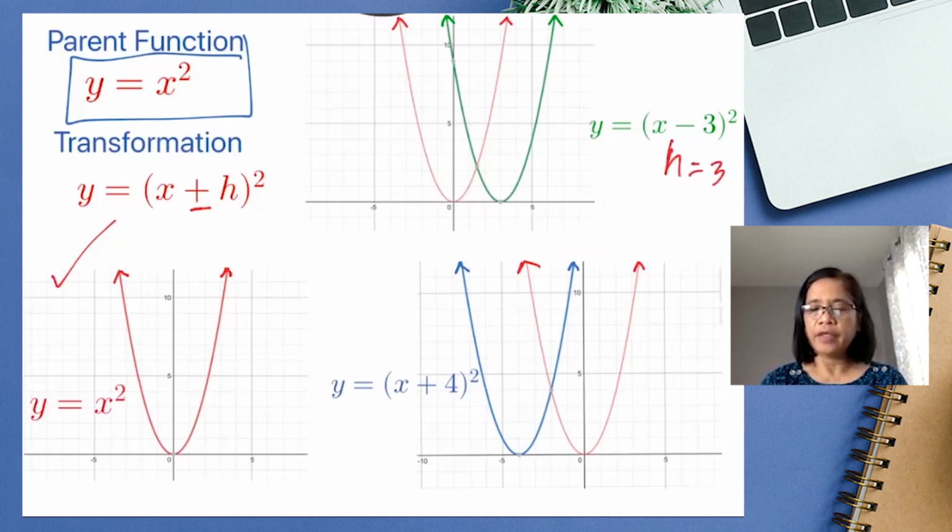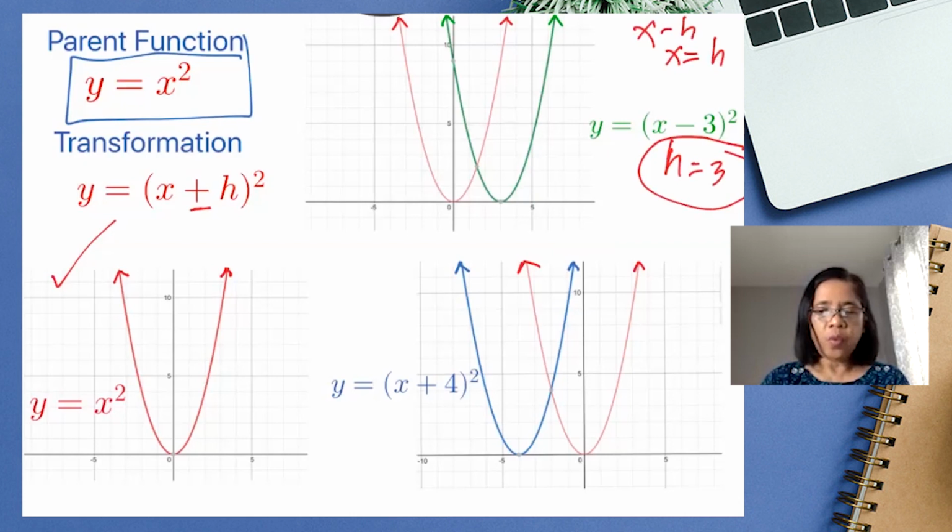If you solve for x here, h becomes 3, and that's the value of h. When you're looking at x minus h, you solve for h, you have x is equal to h. That's why h here is equal to 3. So look at the red graph. The red graph is y is equal to x squared.